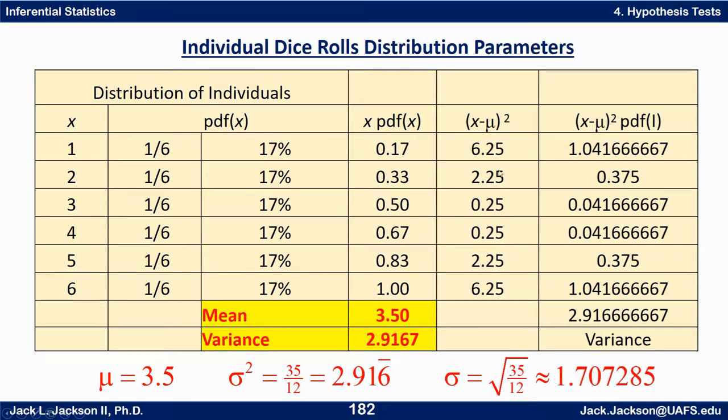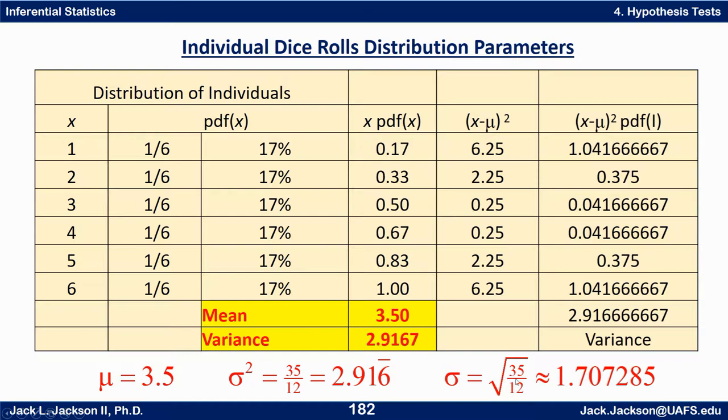And similarly, we could have added up all these squared deviations from the mean and just divided by 6, and that would have given us the variance. So the variance is actually 2.916 with the 6 repeating, which in fraction form is 35/12. So the mean is 3.5, and the variance is 35/12, or 2.916 with the 6 repeating.